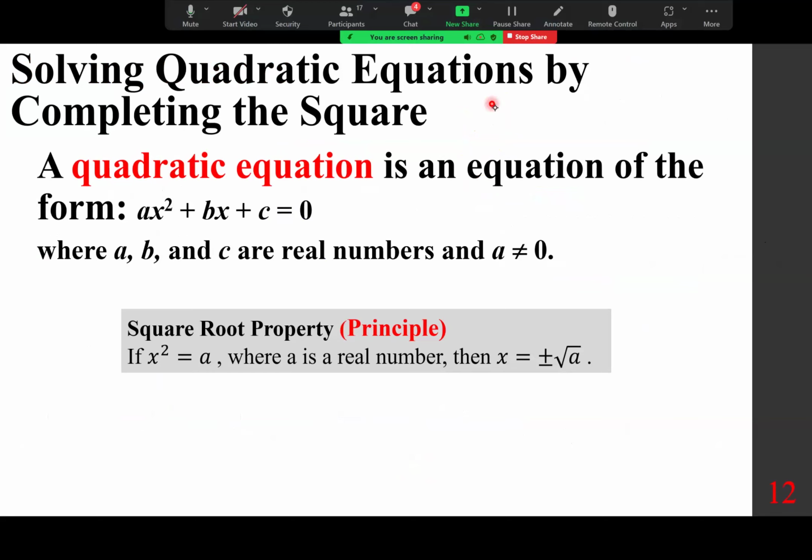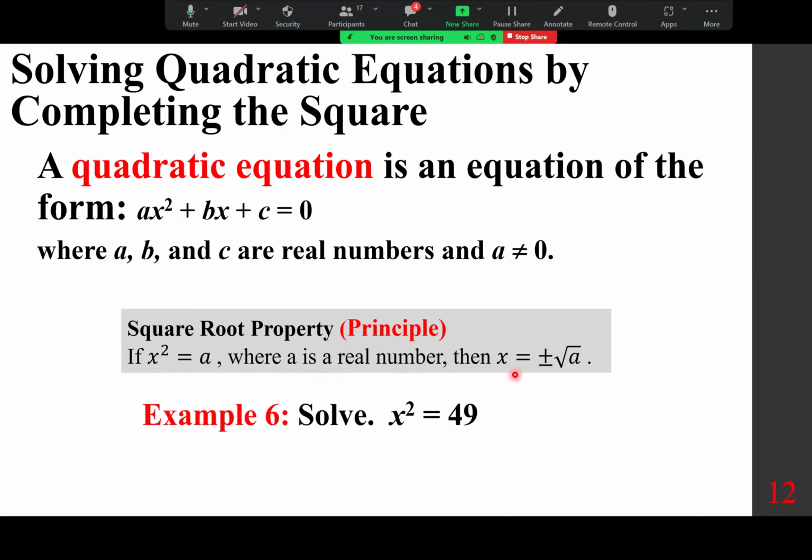Solving quadratic equations by completing the square. A quadratic equation is an equation of the form ax squared plus bx plus c equal to 0, where a, b, and c are real numbers, and a cannot be 0. The square root property or principle says if x squared is a, where a is a real number, then x is plus minus square root of a.